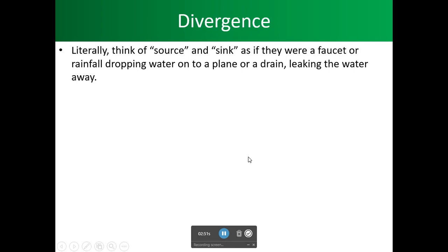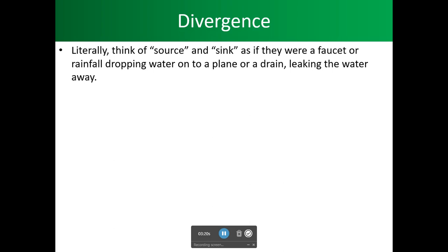Literally think of the source and the sink as if they were like a faucet, or like the shower head, or like the sun, or you can look at it as raindrops falling on my head. You have raindrops of water falling on a plane, or the drainage out of a bathtub, out of a sink.